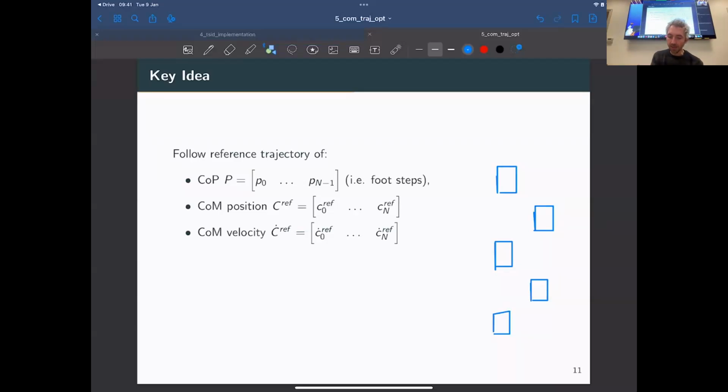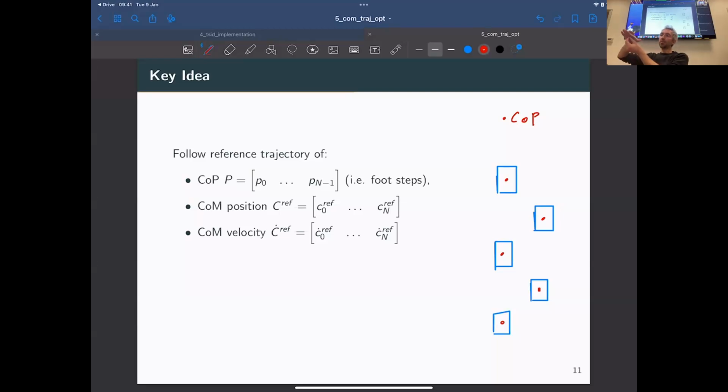And we're going to say that ideally, we would like to have the center of pressure to be always in the middle of the foot. So here, these red dots represent the COP, the reference COP. Why in the middle of the foot? Well, because that's a more stable configuration.